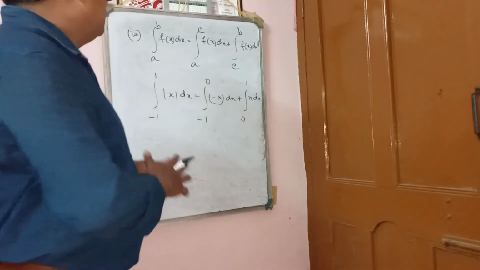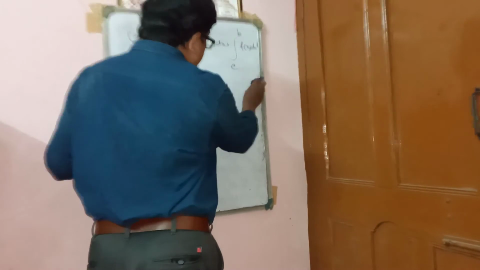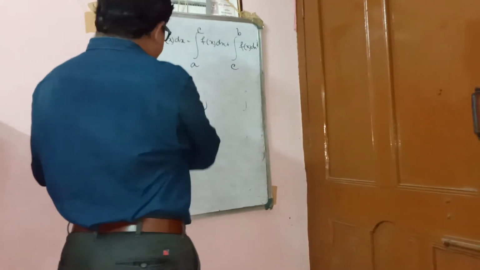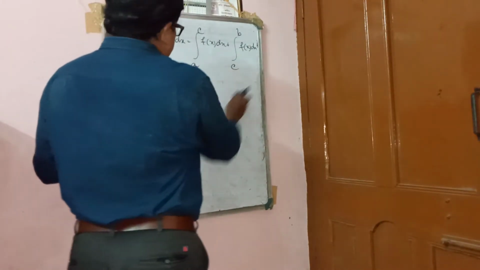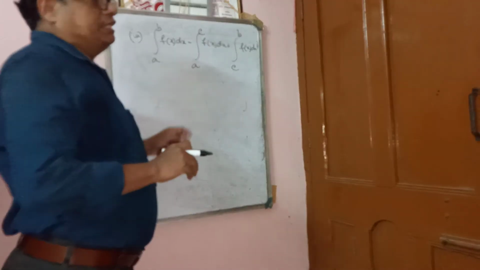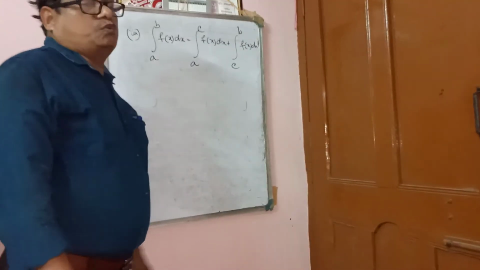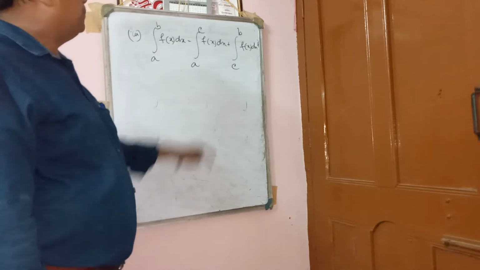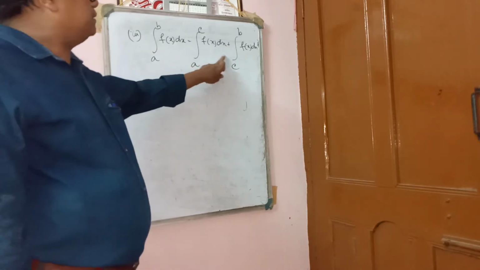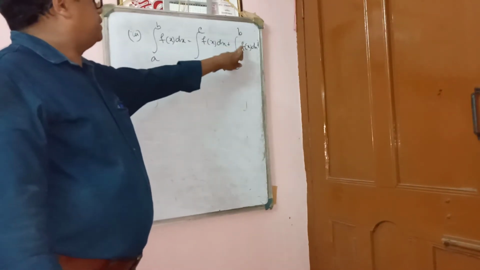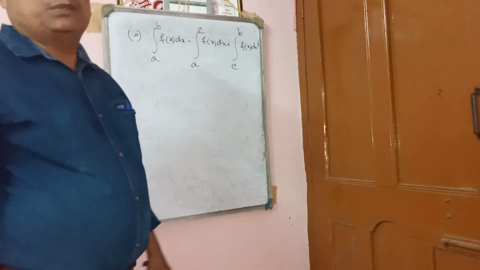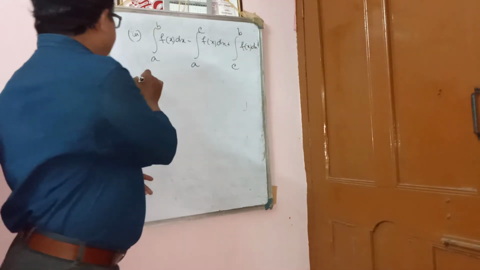So remember, integration a to b f of x dx equals a to c f of x dx plus c to b f of x dx. Now, a very important formula.